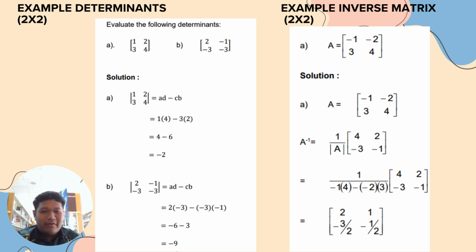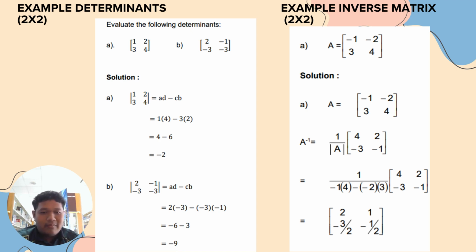Okay. So next is the example question for inverse matrix 2 by 2. Given matrix A negative 1, negative 2, and negative 3, 4.